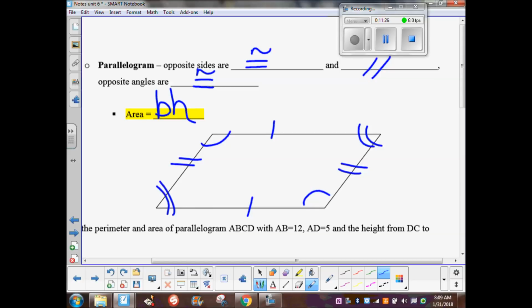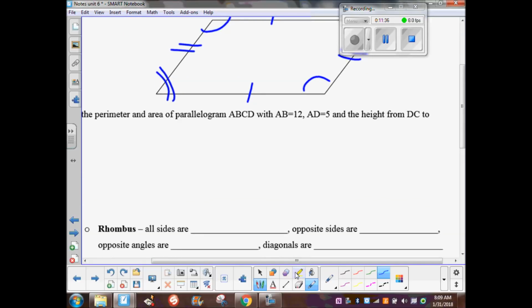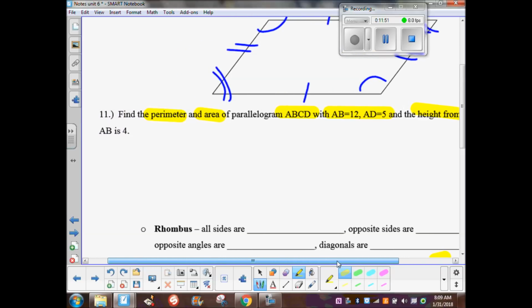So far, we've had 3 shapes, same area formula. That should be pretty easy to remember. So, same kind of question, but dealing with a parallelogram. They give us a name and some information, and they also tell us that the height from DC to AB is 4.